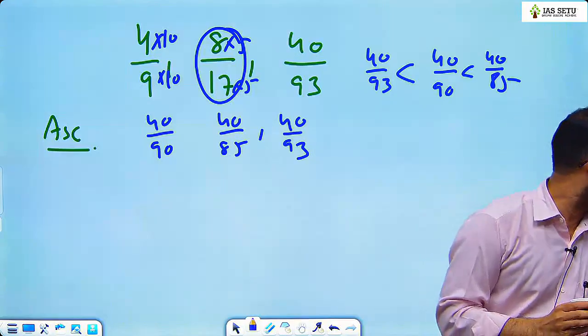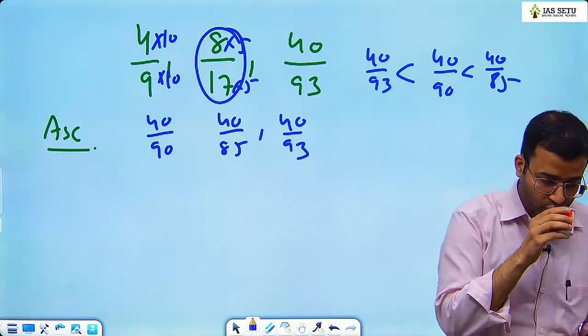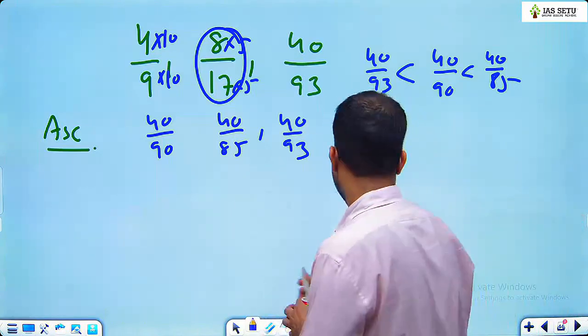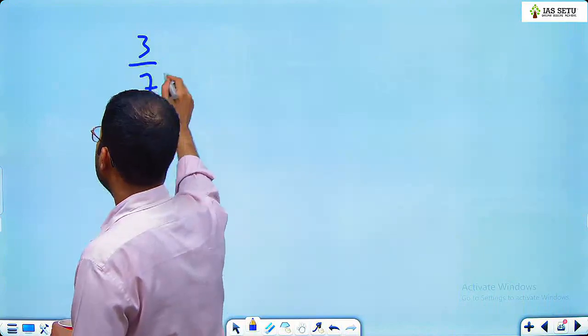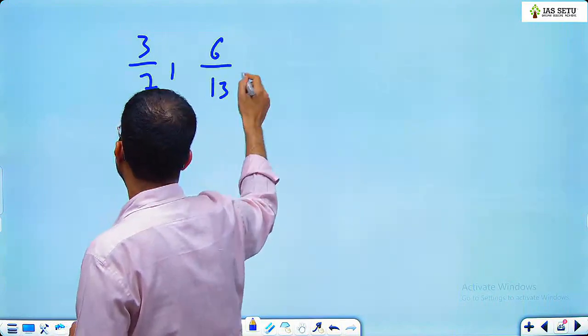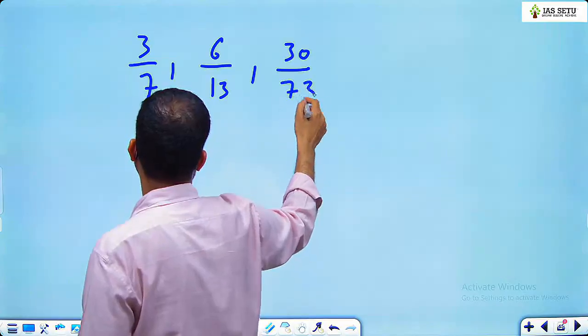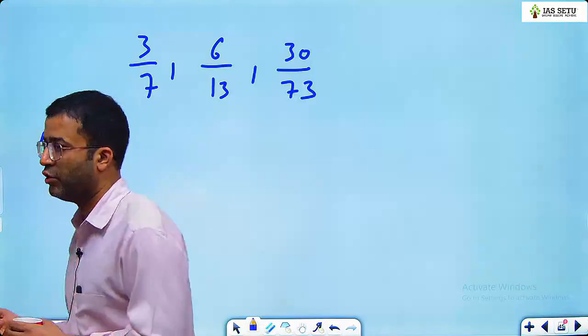I take one more example. One more example is 3 by 7, 6 by 13, 30 by 73. You have to arrange this in ascending order.